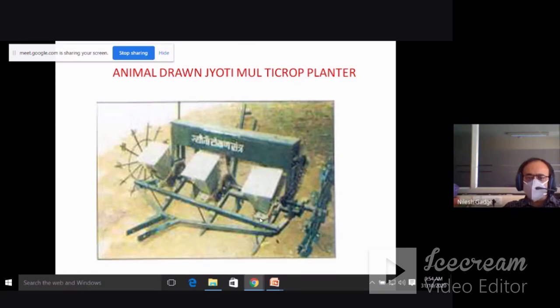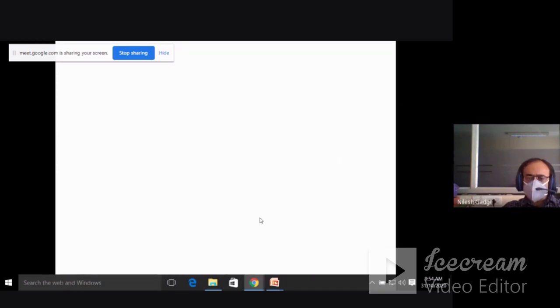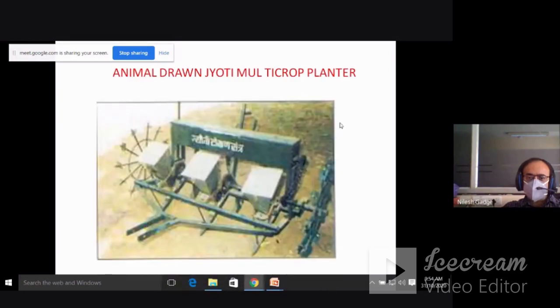It is bullock drawn. So first of all, if you want to see the components, there are two compartments in this. One is a seed box and the other is a fertilizer box. There are these two wheels.